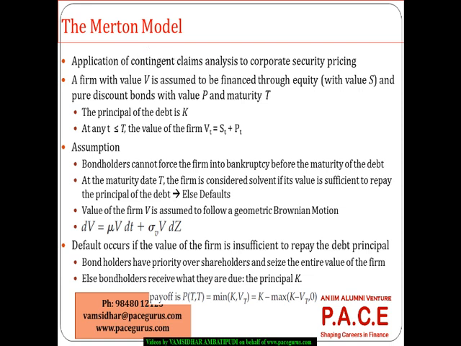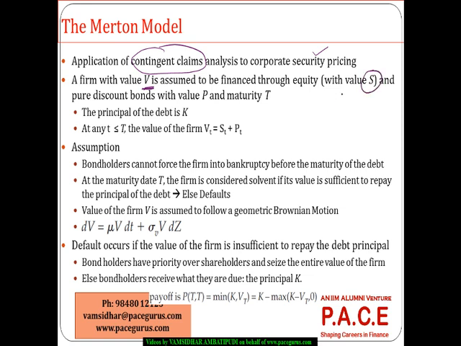As I have already pointed out, it's an application of contingent claim analysis to corporate security pricing. So what is happening here? I'm taking a firm whose current value is V, and I'm assuming that there are two sources of financing here.